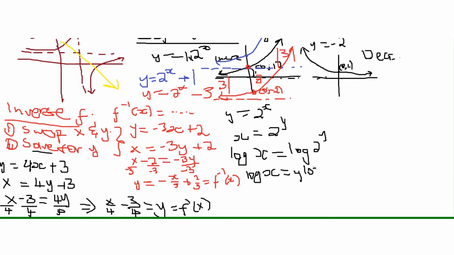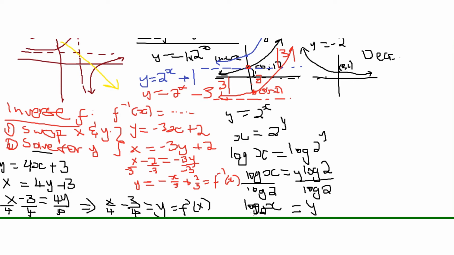Don't worry, I'm going to put a link to the video that I did on logs, and then this will make sense. Then divide by log 2. This log 2 cancels log 2, you end up with y on this side, and on this side you end up with log all over 2x.